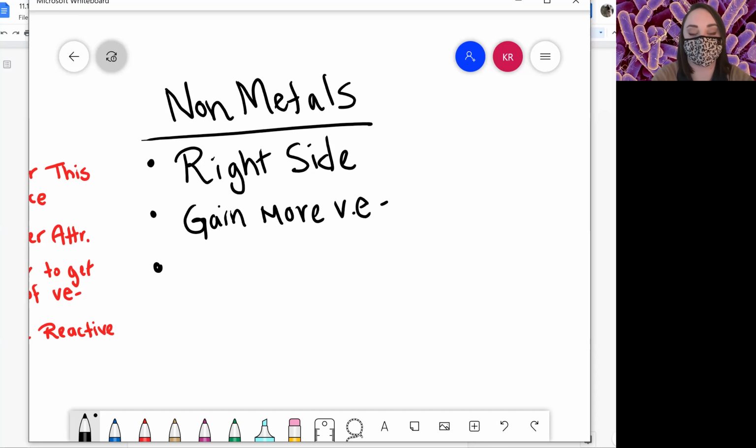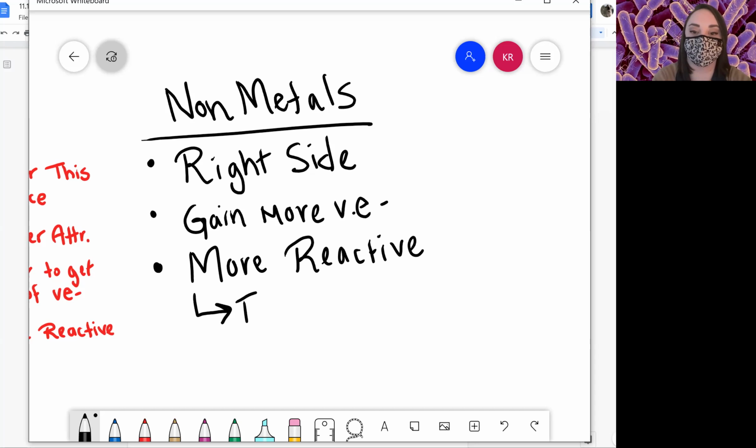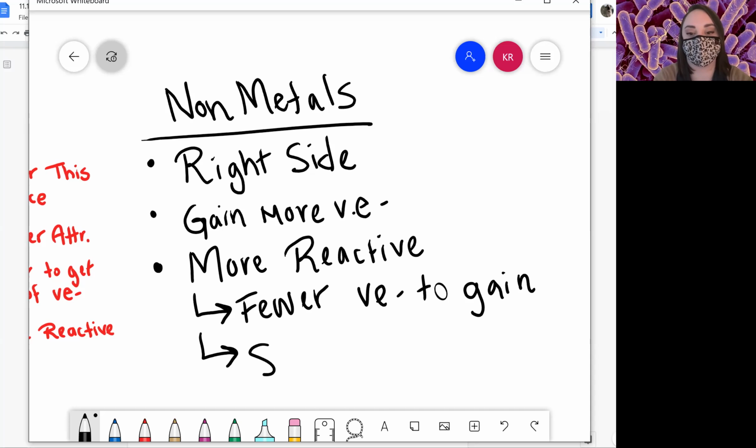And for nonmetals, they are more reactive when they have fewer valence electrons to gain and when they are smaller. Okay.